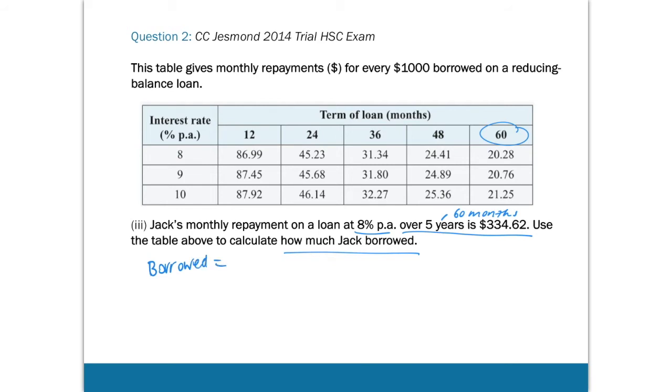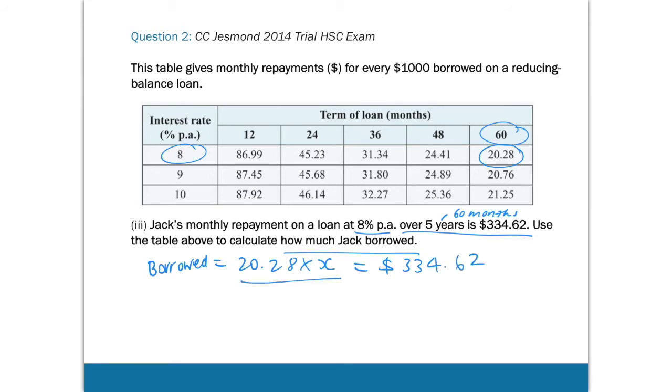is equal to the factor. Our factor will be 20.28, because when you intersect 60 and 8, you get 20.28. So 20.28 times x, which is our principal, how much he originally borrowed, equals our monthly repayment, which is 334.62.